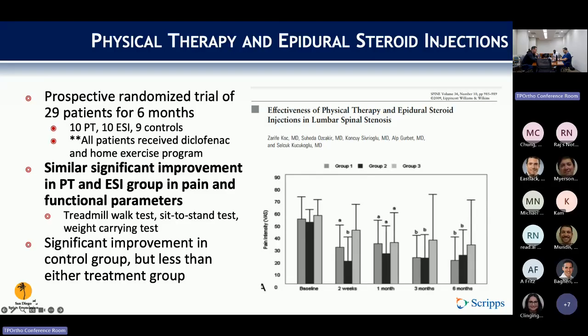And they noted that there was actually pretty significant improvement in all the groups, which is pretty interesting. I thought the treadmill walk test, sit-to-stand test, and the weight carrying tests were the measures they looked at in terms of physical function, and they improved in all the groups. There was significant improvement in the control group too, but less so than either group. So it kind of shows us that time, or maybe the anti-inflammatory medications by oral intake, have some good effect there too.